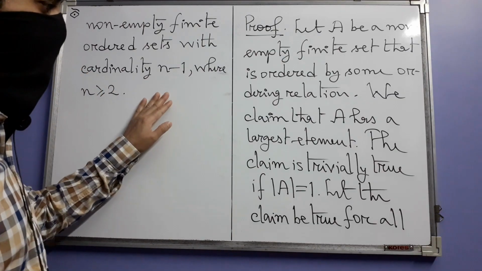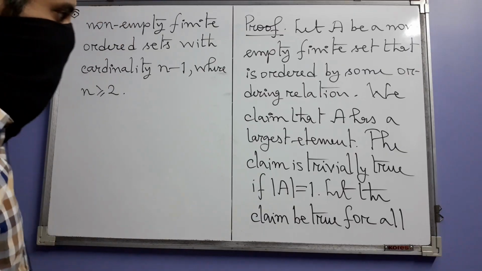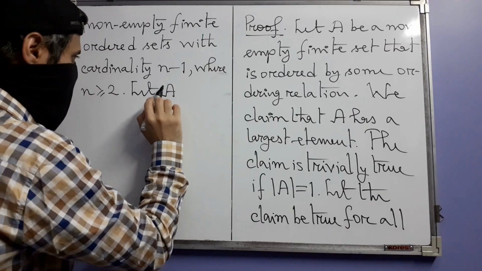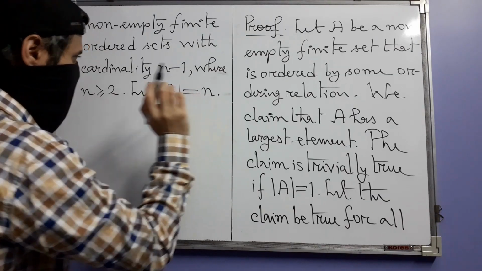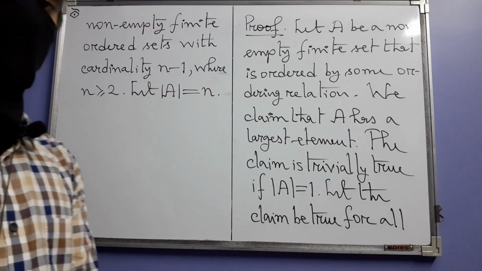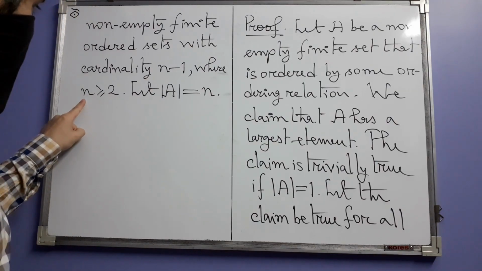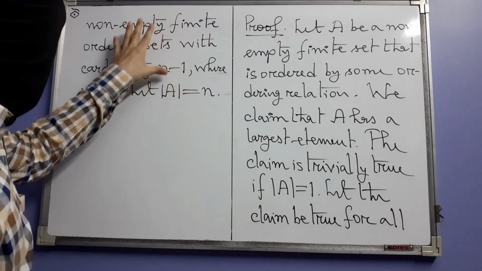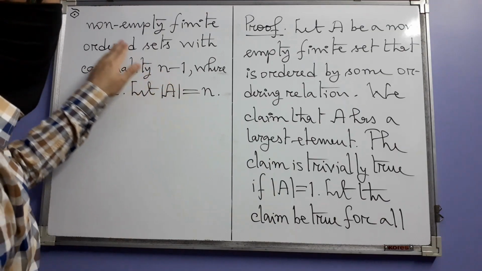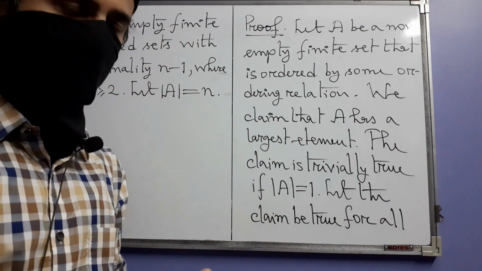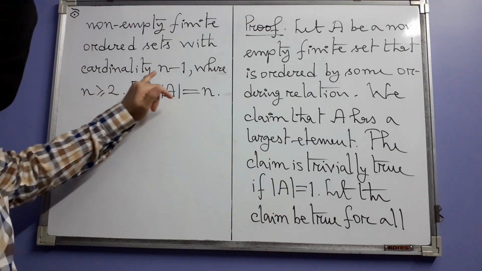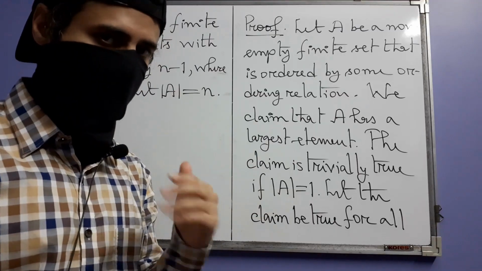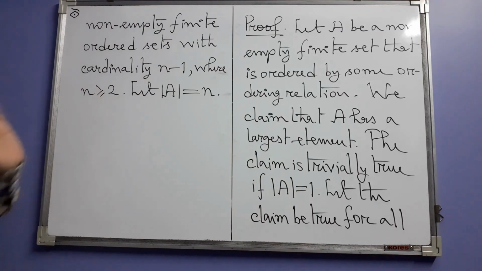So that means this is our induction hypothesis. Let our set A have cardinality n. Oh, by the way, why do we need n to be at least 2? That is because we are stating the induction hypothesis for non-empty finite sets. So with the least possibility when n is 2, still in that case n minus 1 is 1. That is, there is something. That is why we need this restriction on n.